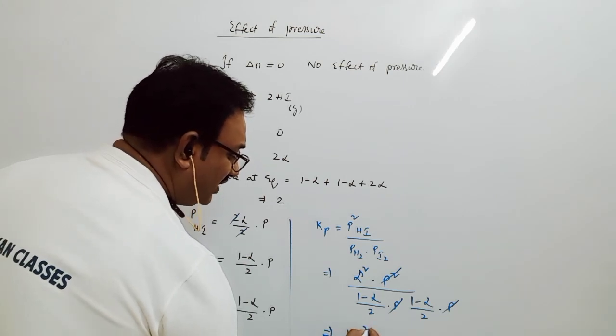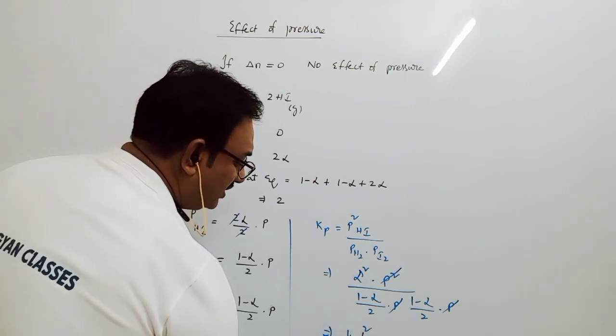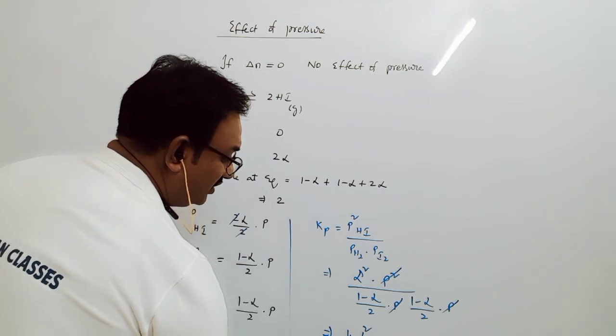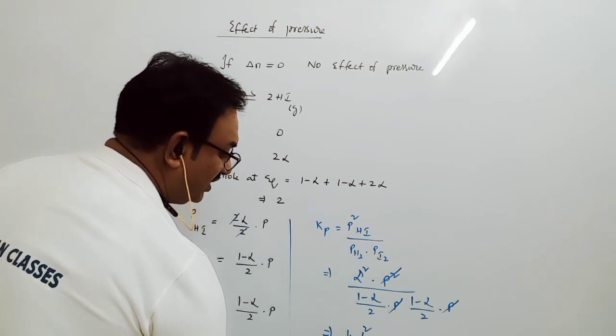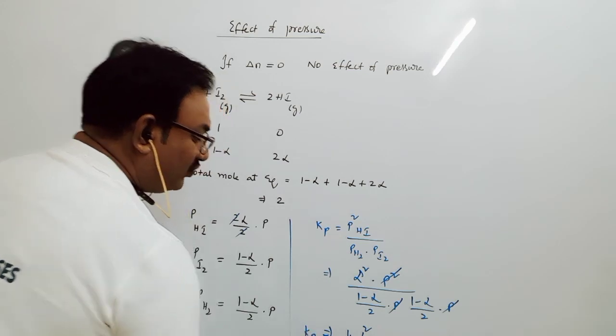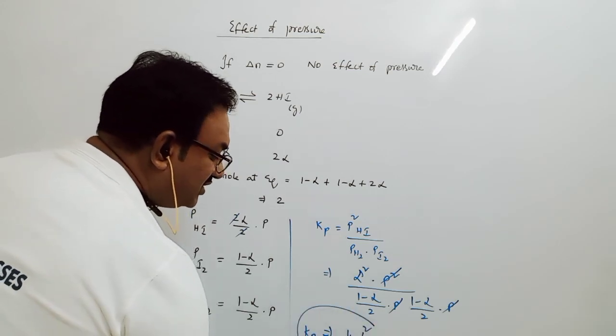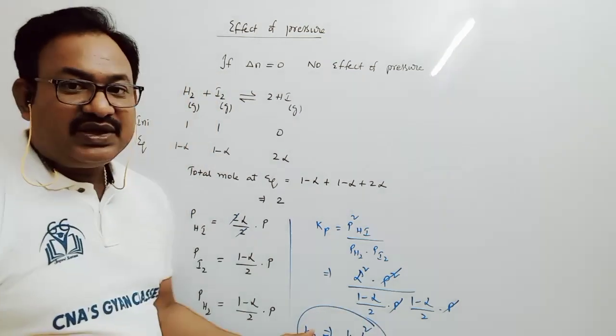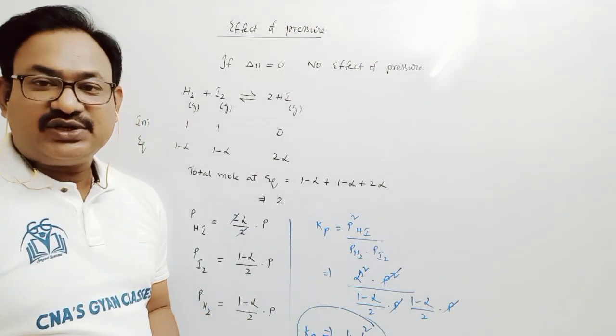So 4 alpha square by 1 minus alpha into 1 minus alpha, so 1 minus alpha whole square. So this is Kp. But in this expression there is no pressure term.